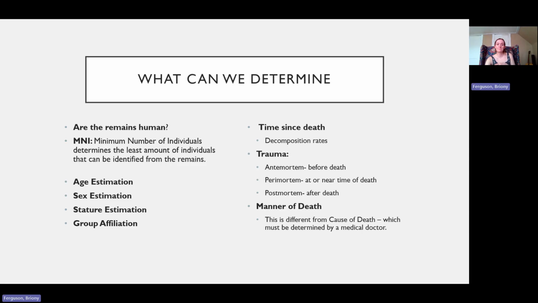Once we have determined that, we are going to start doing our different estimation types. Now, remember, these are estimations. They are not determinations. Typically, you are going to want to start with age estimation, because all of these other estimation types are kind of dependent on you knowing the age.